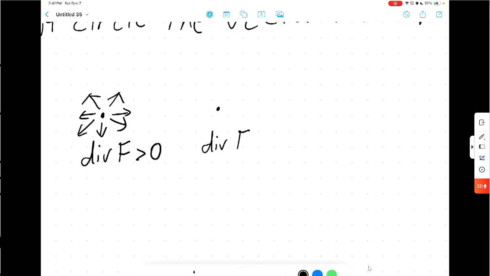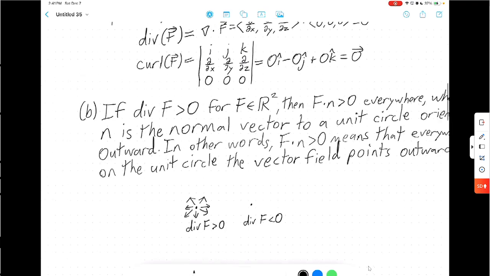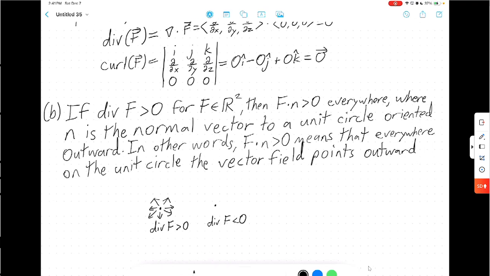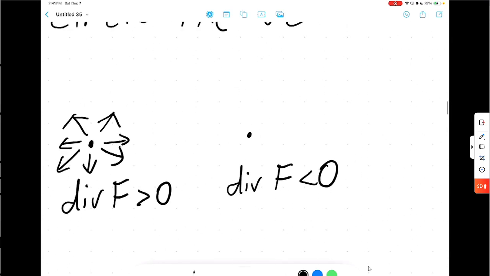So it can't be a rotational vector field? This is not talking about irrotational here. That's a curl thing. This is a divergence thing. Okay. Here are a few other examples. If div f is less than 0, you're going to get more flowing in than out, so something that looks like this diagram.